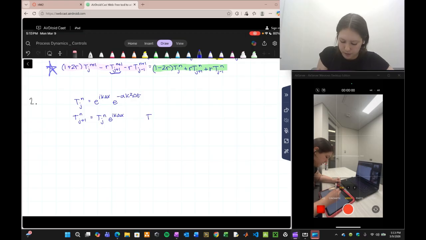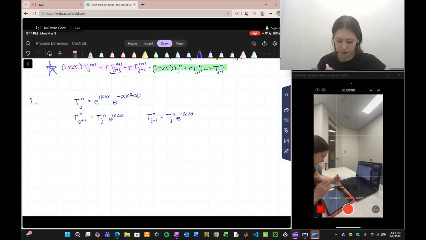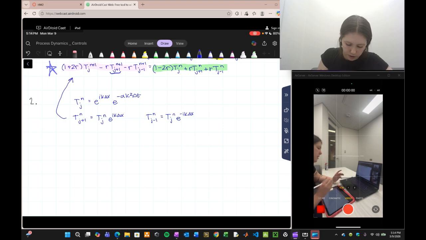And then similarly, we have defined T at the section to the left of j at time n to be equal to T sub j of n times e to the power of negative I k delta x. And so we can use these values here and plug them into our Crank-Nicolson method equation above.